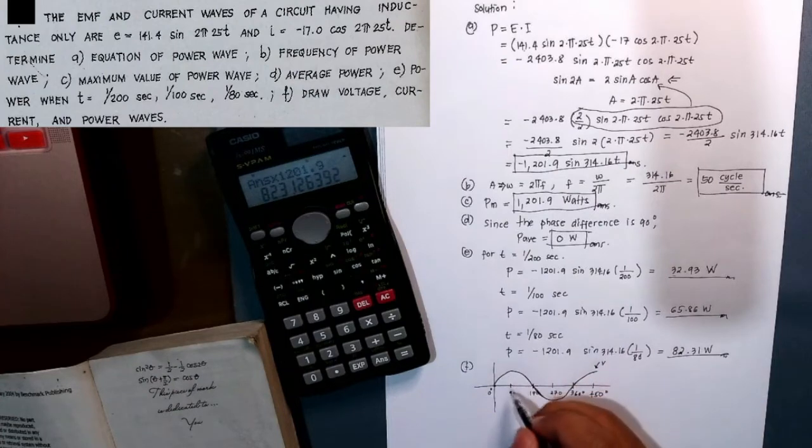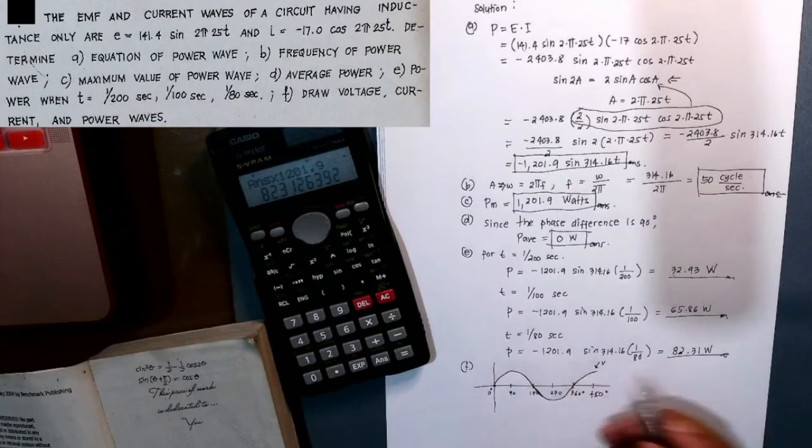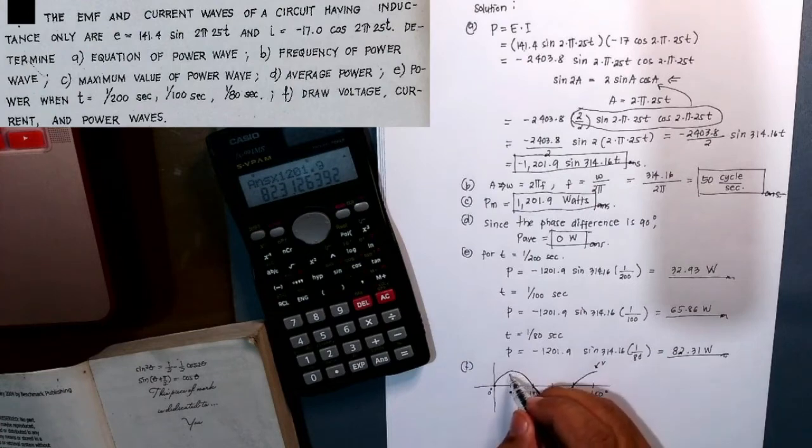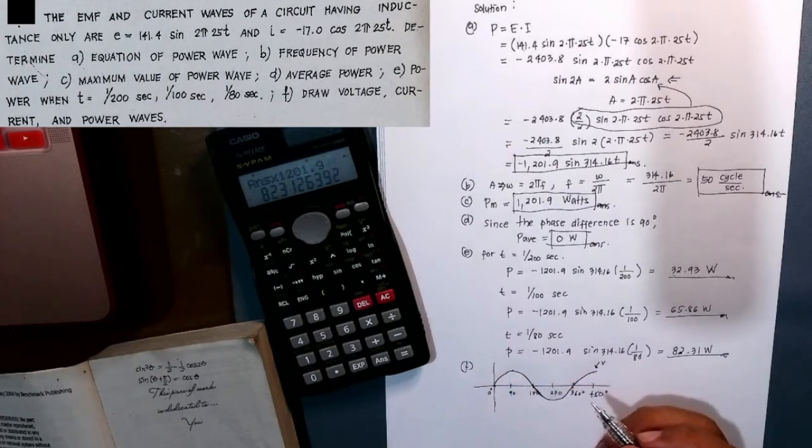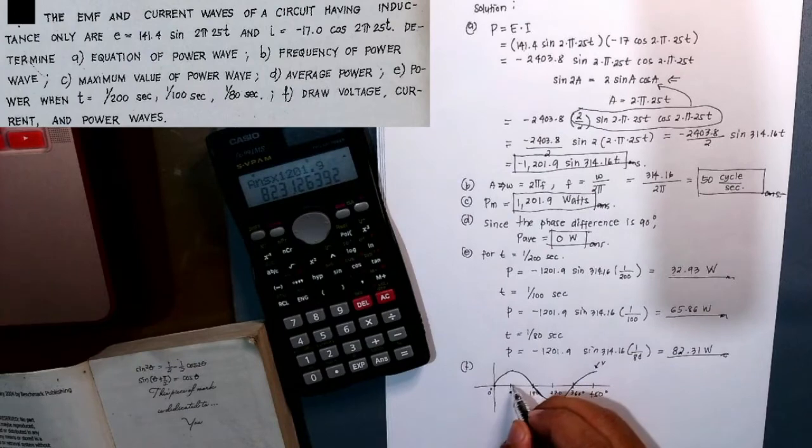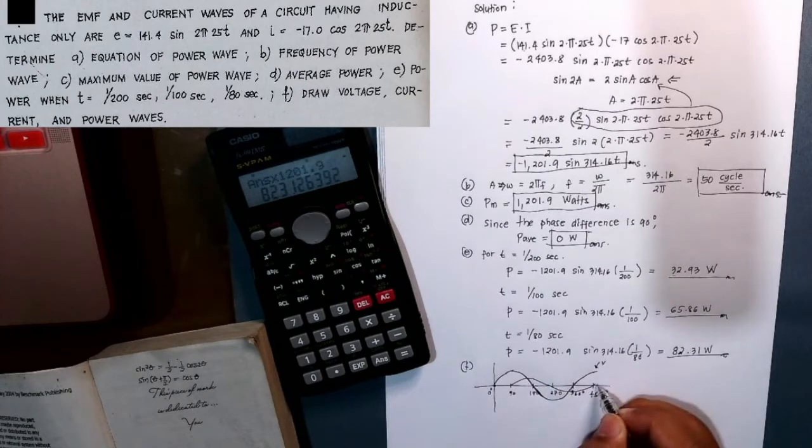So the current will start here as the voltage hits the maximum point. So the current will start to generate the waveform. Here is the waveform for the current.